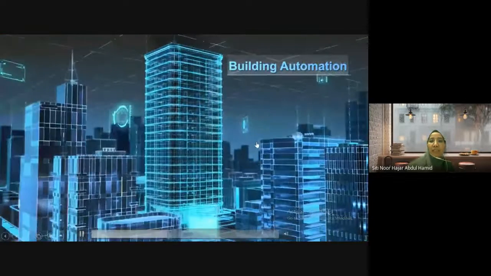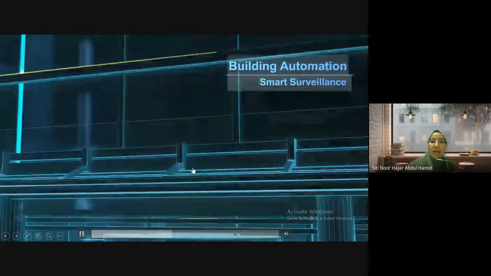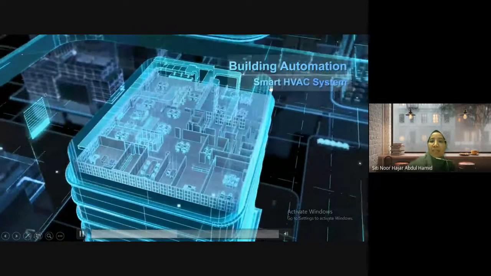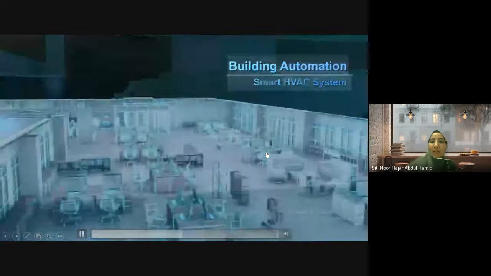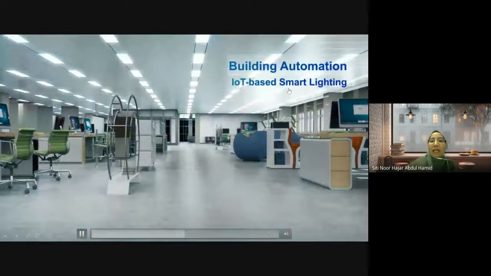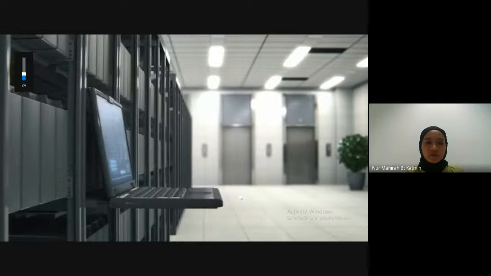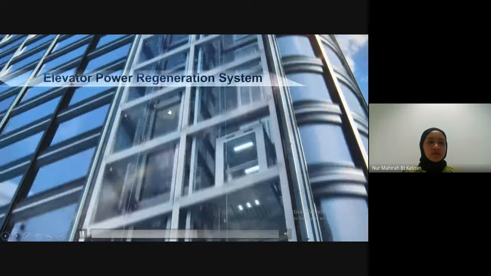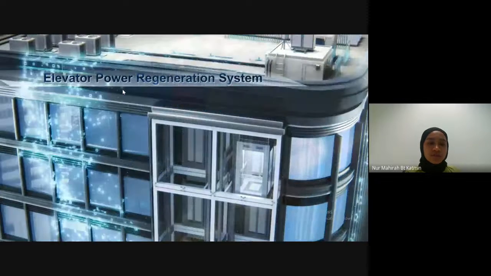We have building automation, with smart surveillance, a lot of cameras installed in the building, and a smart hazard system integrated with smart lighting based on the IoT. Other than that is a green data center. They use the data center and also have an elevator power regeneration system.